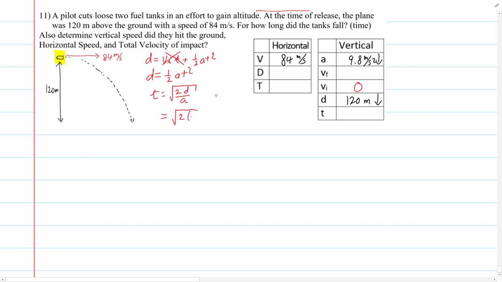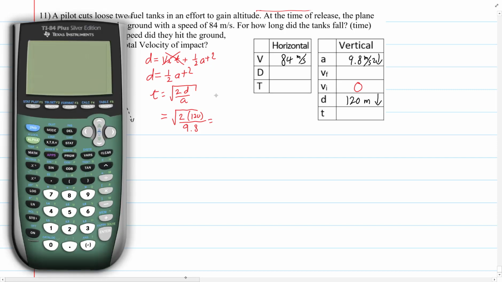So 2 times 120 divided by 9.8, and you get the square root of 2 times 120 divided by 9.8, and we get almost 5 seconds, 4.9487.